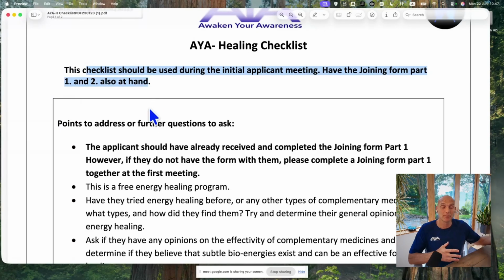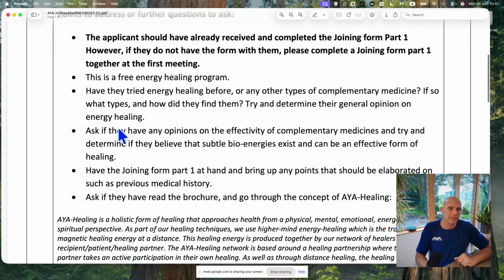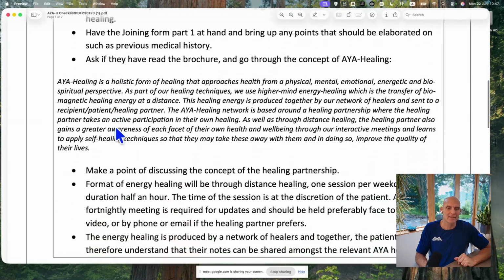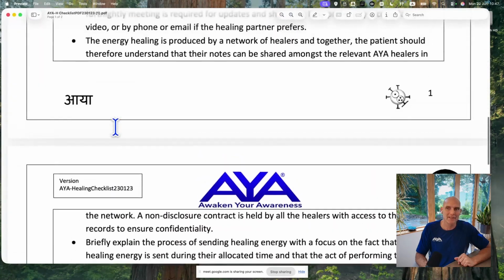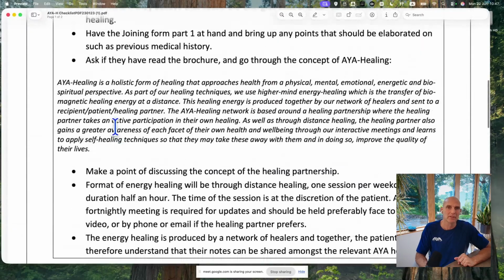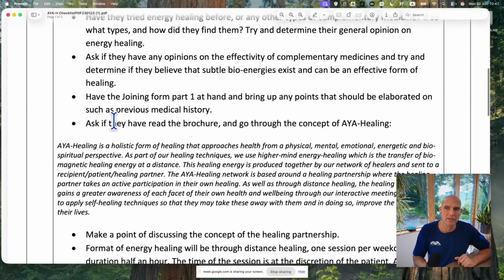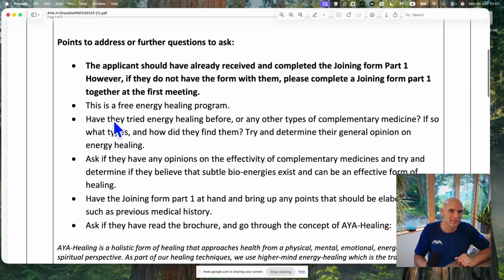If you have joining form part 1 at hand as well, you can see what they've written already on that initial joining. So there are just a list of points to remind you of things to talk about and certain bits of information that we want to glean from them. But now you have to use your intuition about this as well, and you have to use diplomacy, and you have to be subtle, and some things you might not want to ask.